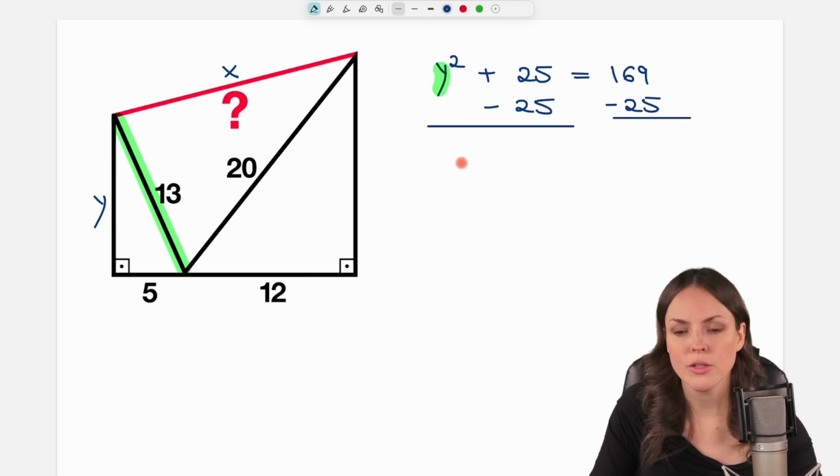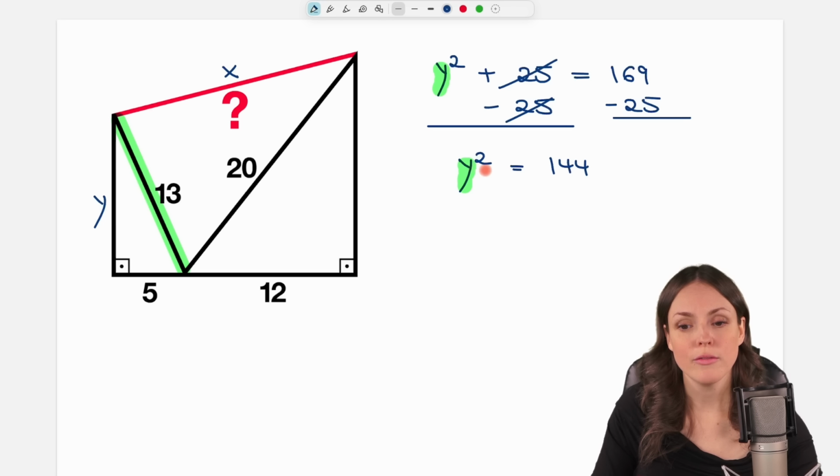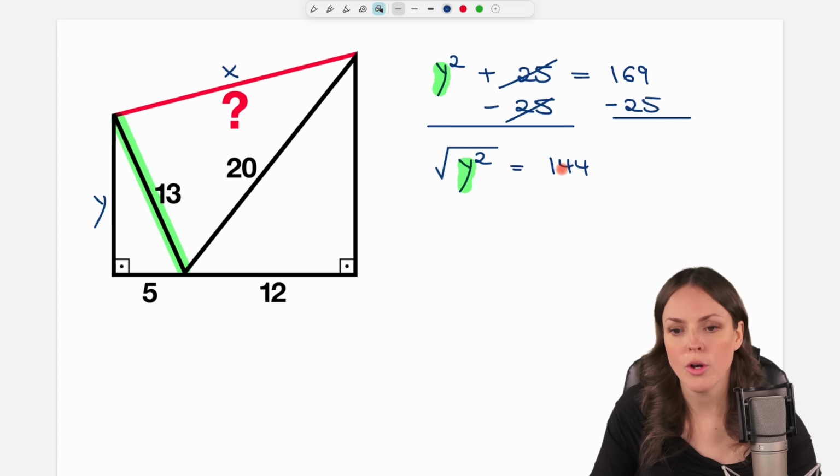Then we have y squared on the left side. This cancels out. And on the right side, if we subtract that, we get 144. To solve for y, we just have to get rid of the square here. We can do that by taking the square root on both sides of the equation.